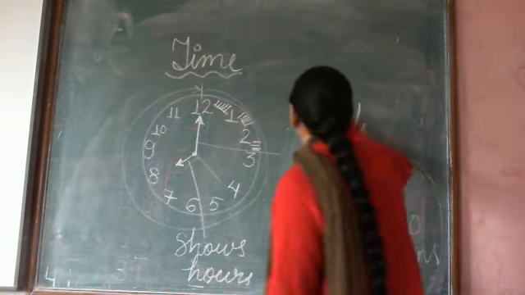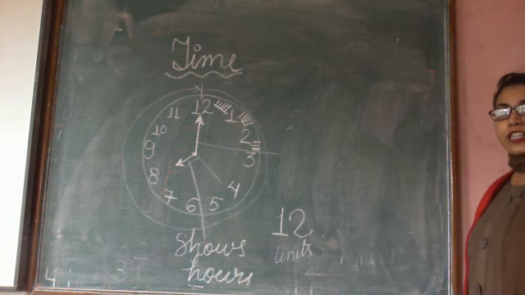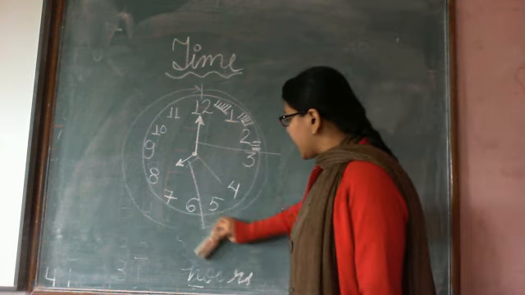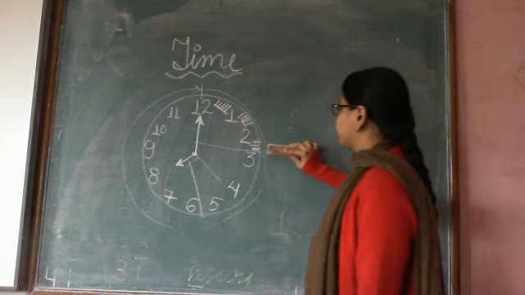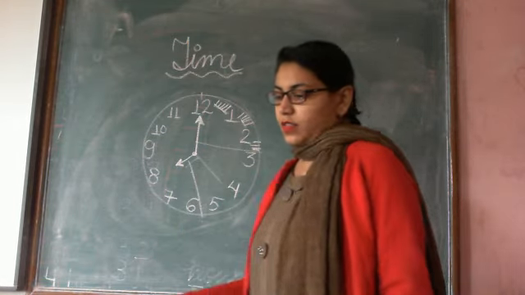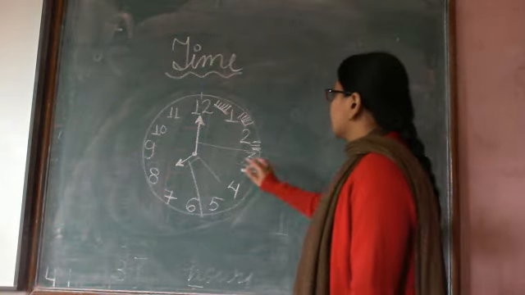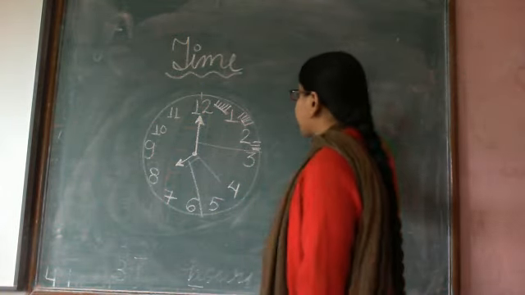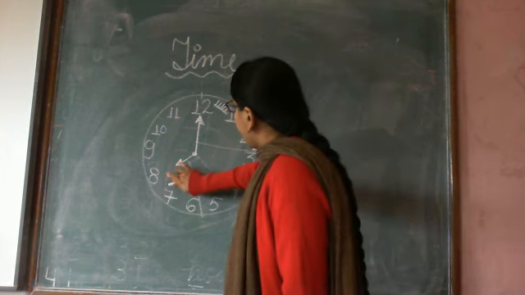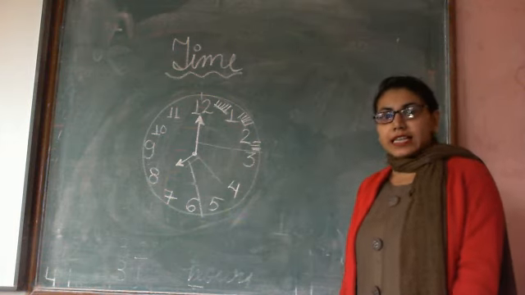Now the minute hand is faster. The second hand is the fastest hand. The minute hand is faster and the hour hand is the slowest one. Now we got to know that when this minute hand completes one circle, the time duration will be 60 minutes.